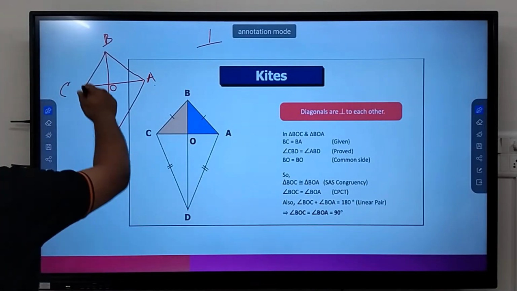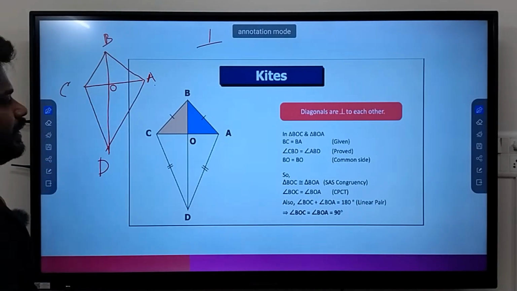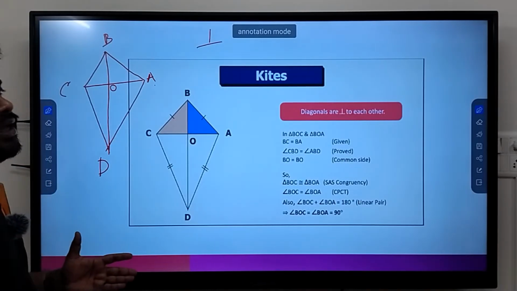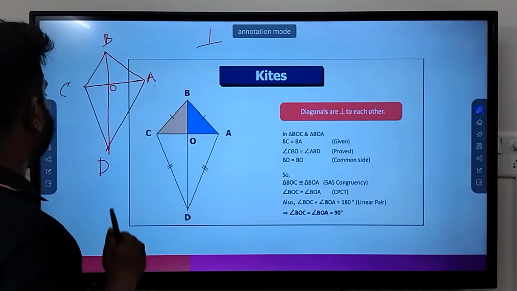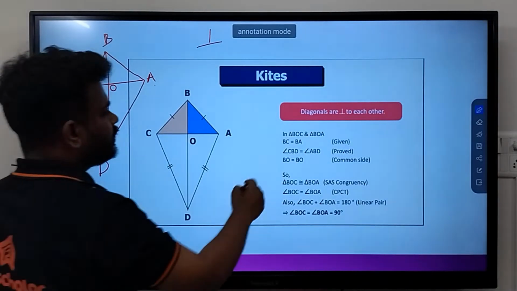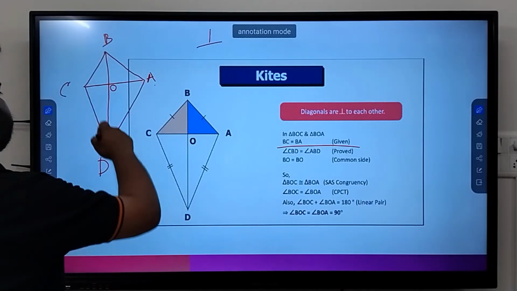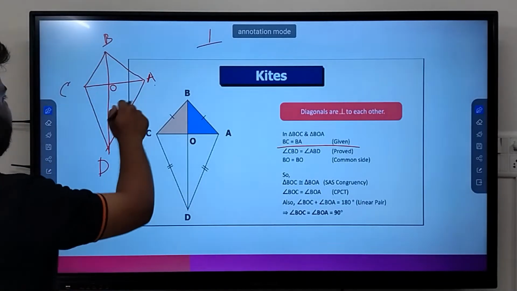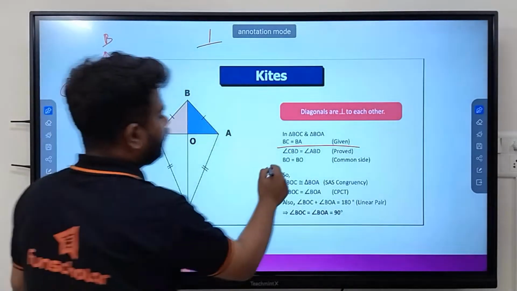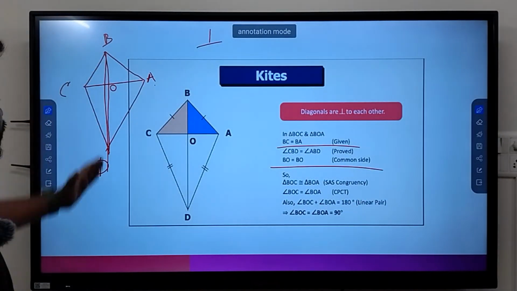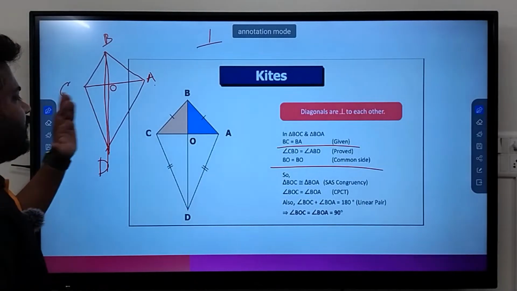From this we can tell that BC and AB will be equal, because from the kite's properties adjacent sides are equal, so that is given already. CBD and ABD will also be equal because this is the common side and it is already bisected.